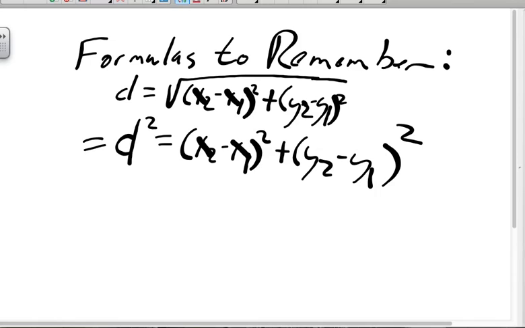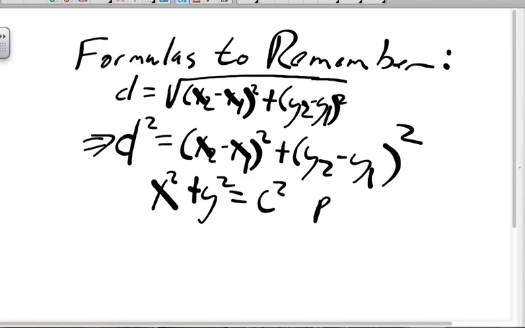And this is probably the preferred form when you're dealing with calculus. The other one you're going to have to remember is x squared plus y squared equals c squared. This is the Pythagorean theorem. Yeah, it's back.